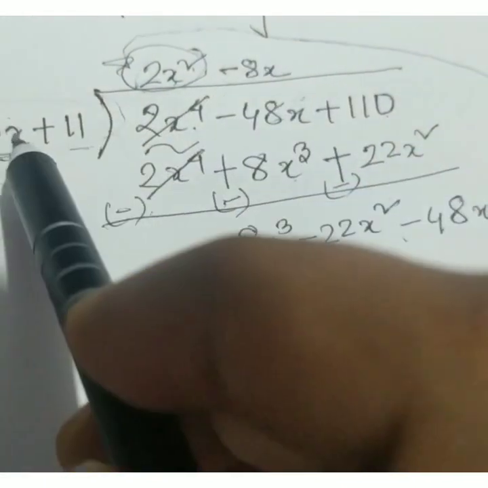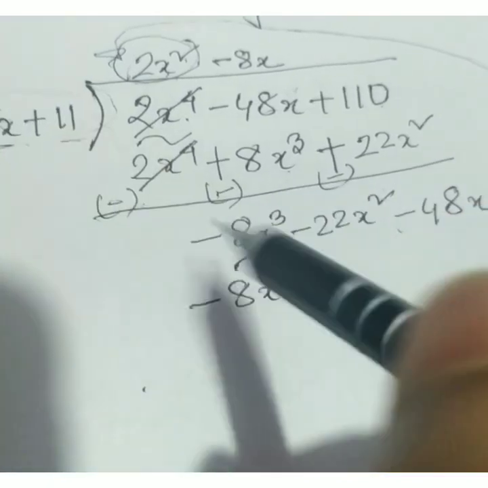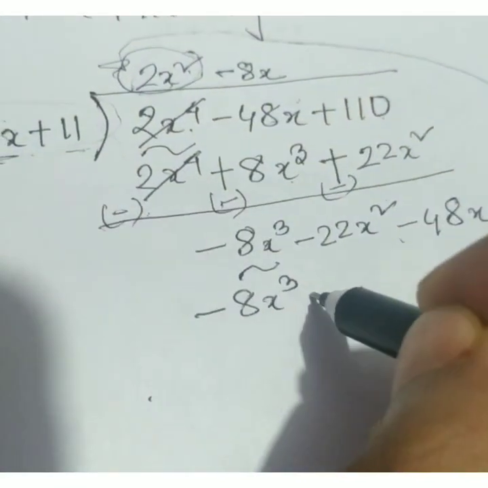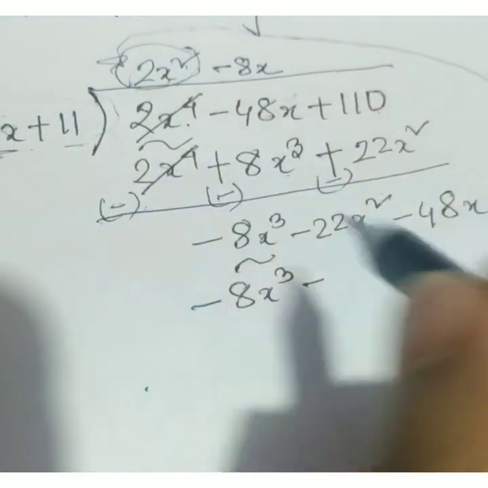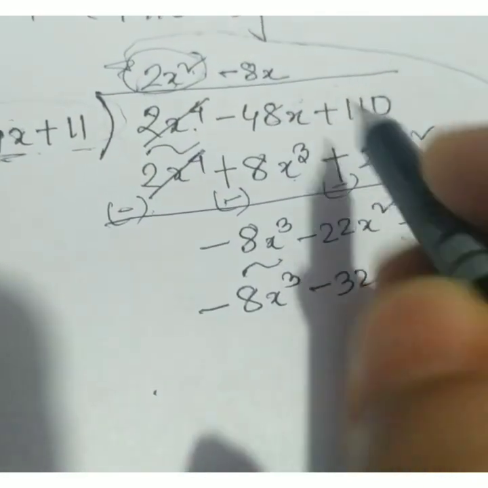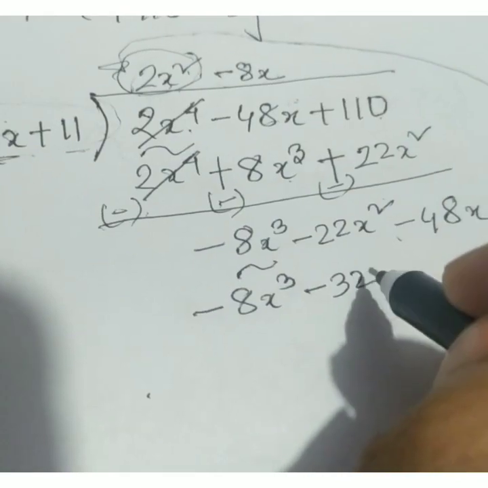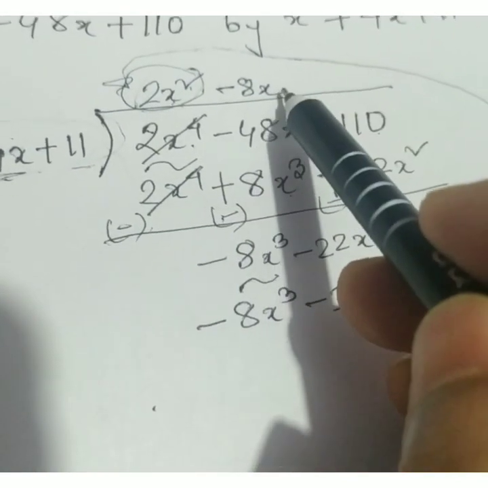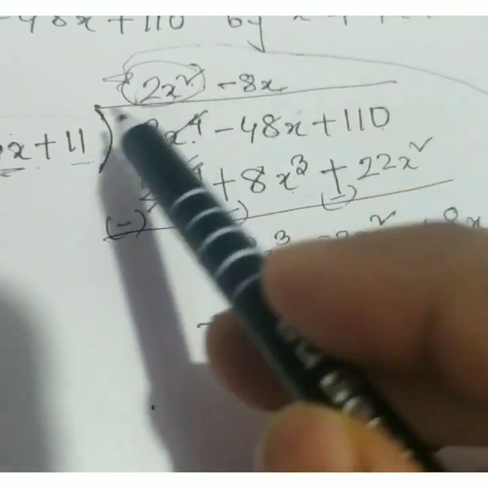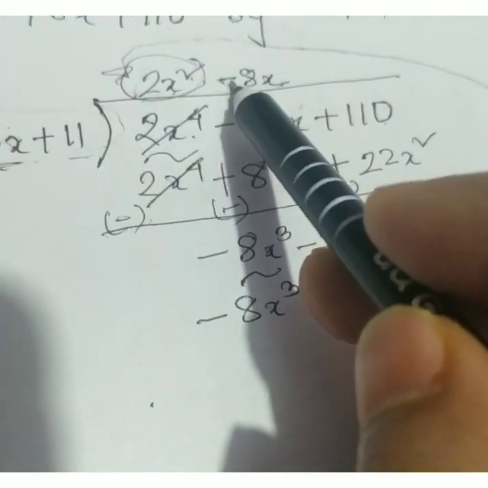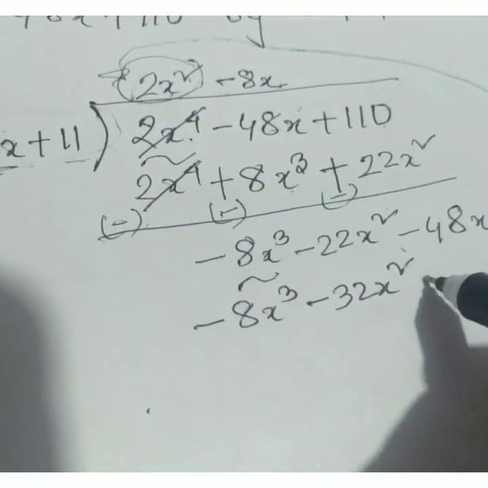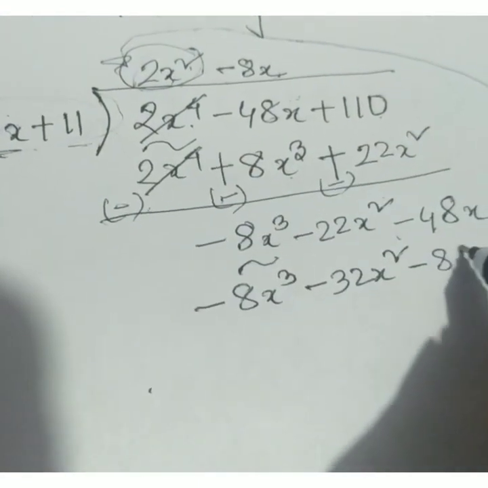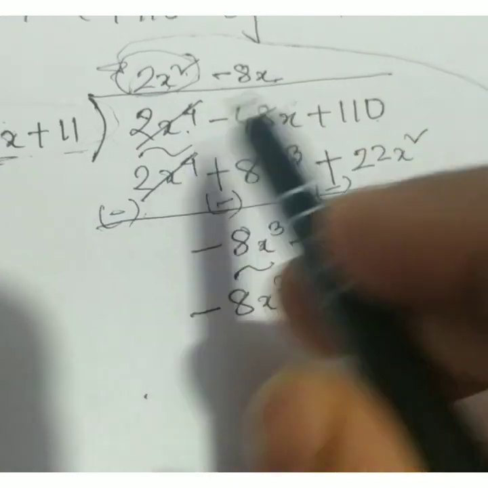Minus into plus is minus, 8 into 4 is 32, x into x is x². And finally this minus 8x gets multiplied with 11. Minus into plus, minus 8 into 11, 88, then x.